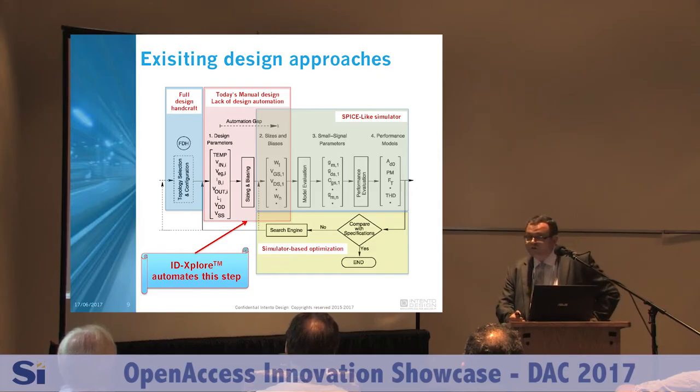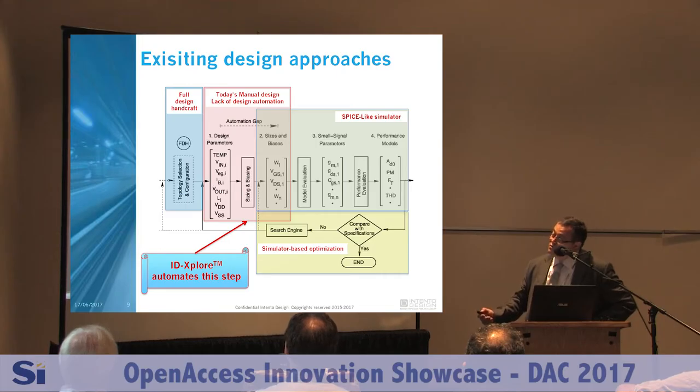Most of the time these vectors push the optimizer into non-feasible regions. But the designer does something else. He doesn't use this vector. He uses this vector, which is the design parameter set. They are more intuitive for him. So we can say that there is an automation gap here. This step was never so automated before in analog synthesis, and this is the main cause of failure for this domain, actually.